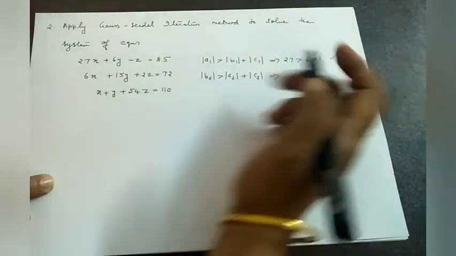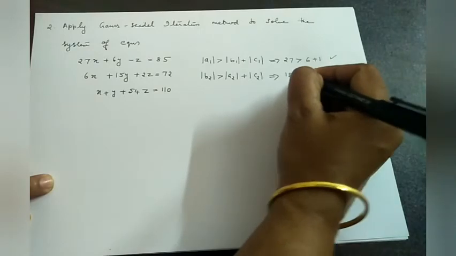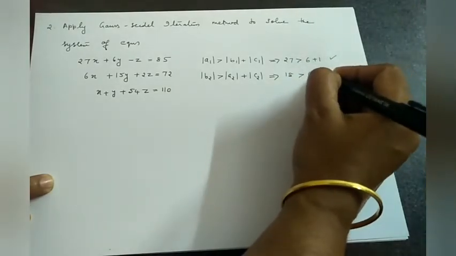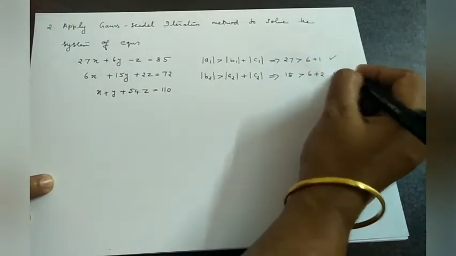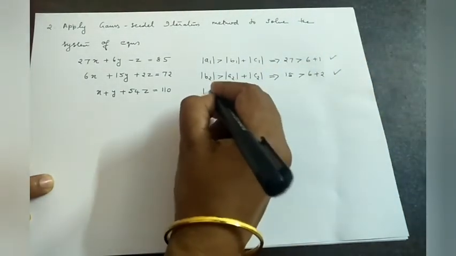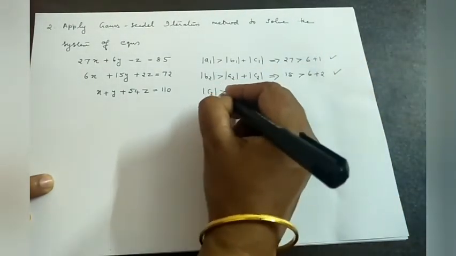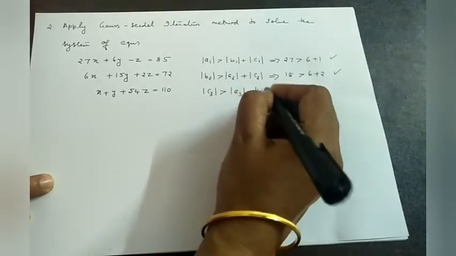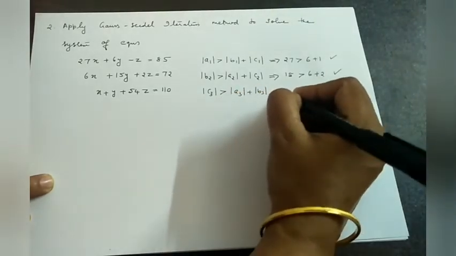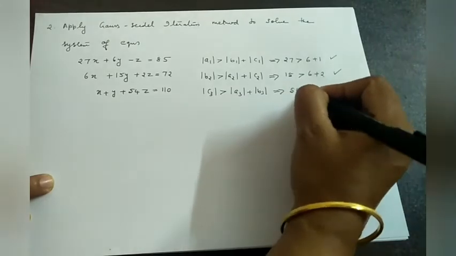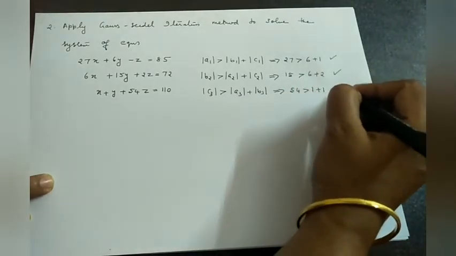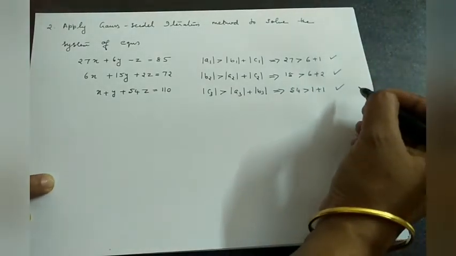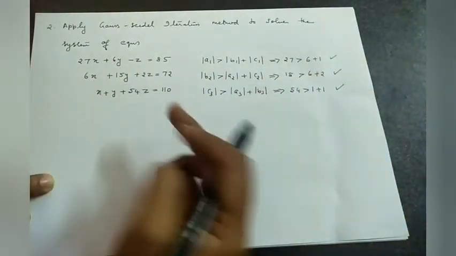That is, 15 is greater than 6 + 2, which is 8. Now |c3| must be greater than |a3| + |b3|, which implies 54 is greater than 1 + 1, which is 2. Therefore, we can proceed with the same equations.